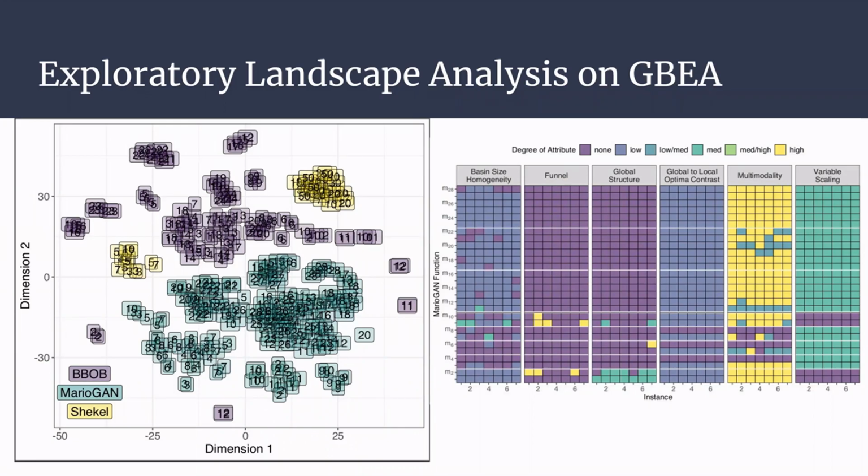This is an attempt at understanding this space of generated Mario levels in this case, but it's the same method. We were trying different systematic analysis tools to figure out what is actually happening. How is the landscape actually looking, and why is random search so good? Because it happens to be very good, and that is a little concerning.